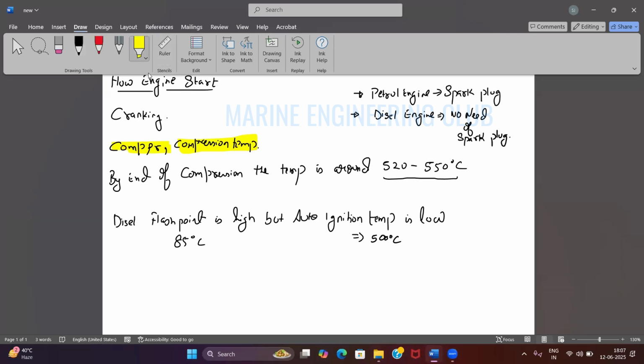So if the auto ignition temperature of diesel is 500 degrees Celsius, isn't it lying within this range?